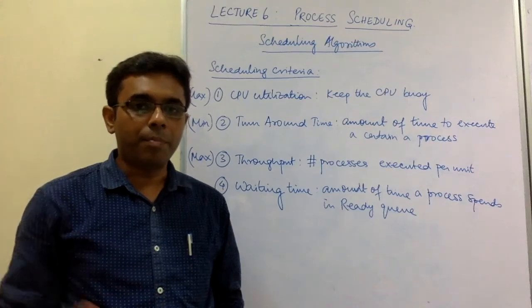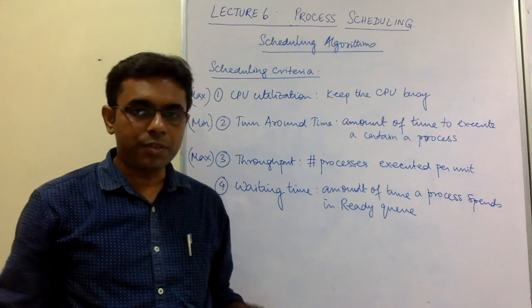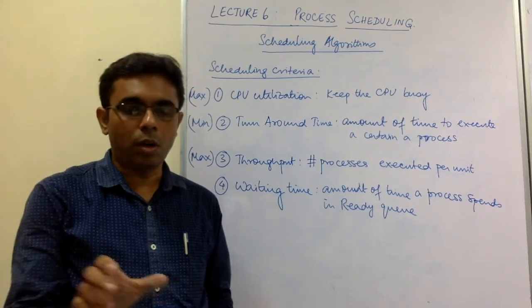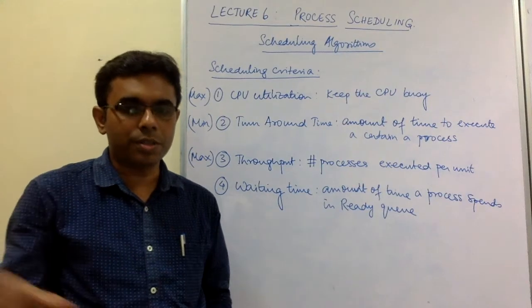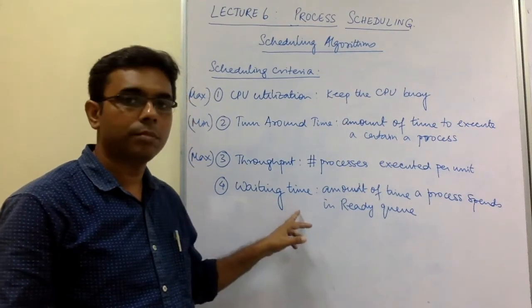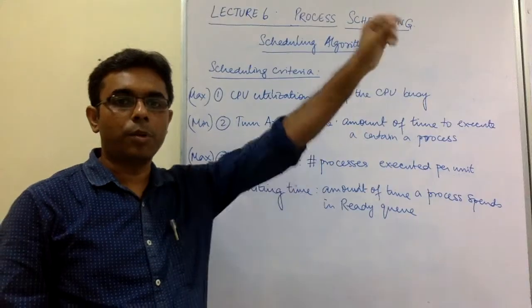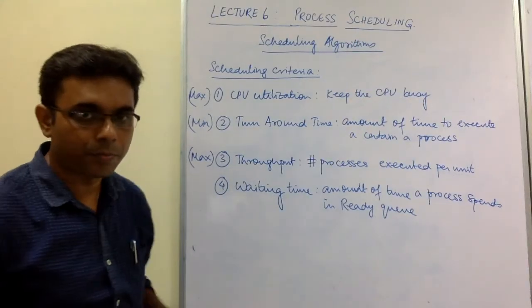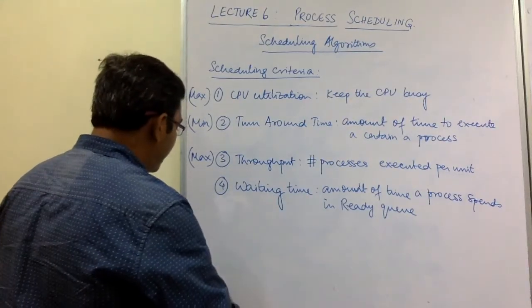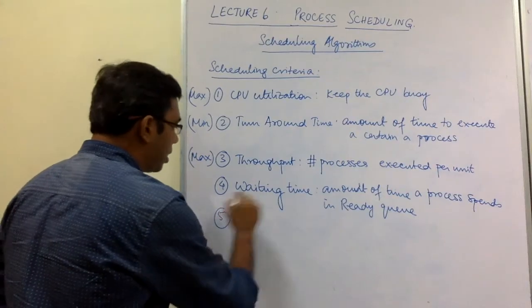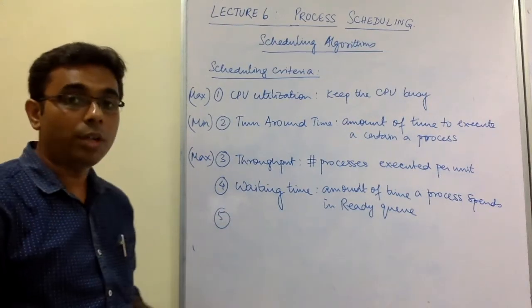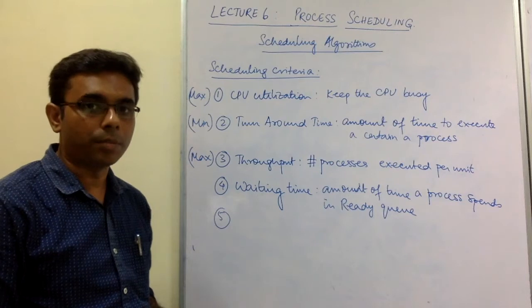So if you sum them up over the entire lifespan of a process, the total of those waiting bursts is your total waiting time. So this is the time that the process spent in the ready queue. We will see that this is an important factor which determines how good your scheduling algorithm is.